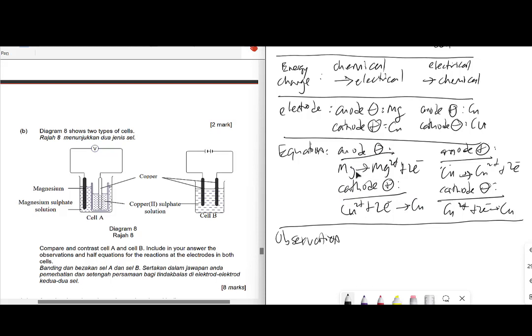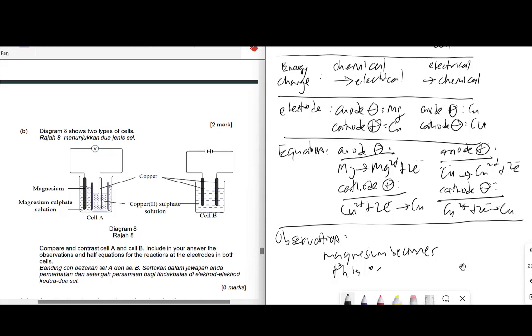Here you can see that the magnesium actually becomes thinner, because it's dissolved and forming ions already. It becomes thinner.